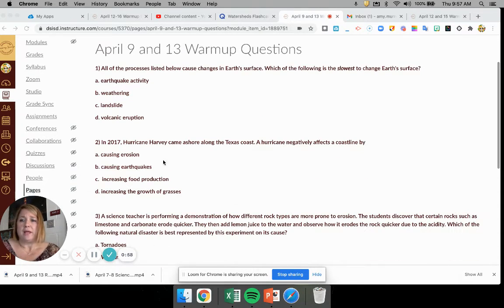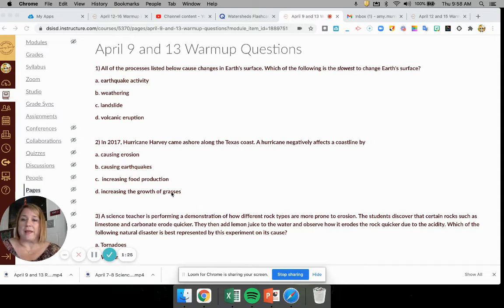Number two, in 2017, Hurricane Harvey came ashore along the Texas coast. A hurricane negatively affects a coastline by... there are lots of ways that hurricanes negatively affect coastal areas. But the thing that causes a lot of damage in the immediate impact of the immediate landfall is it causes beach erosion.